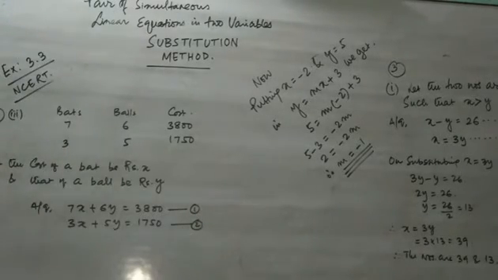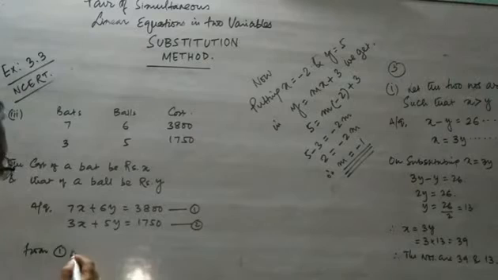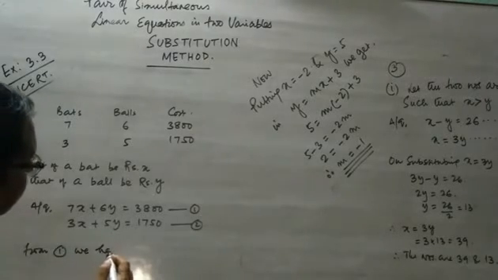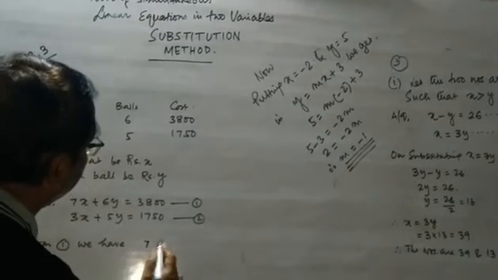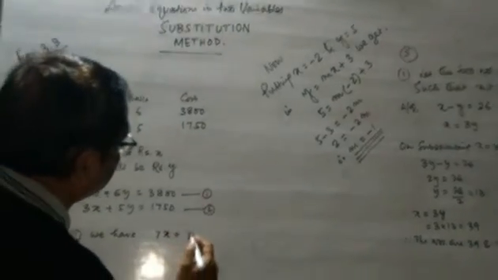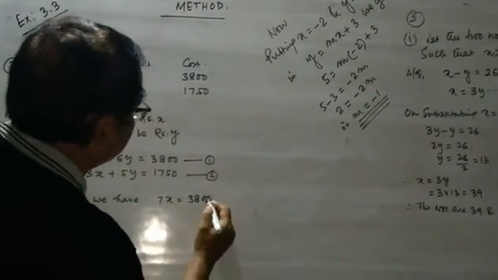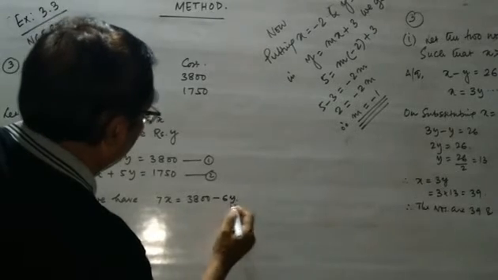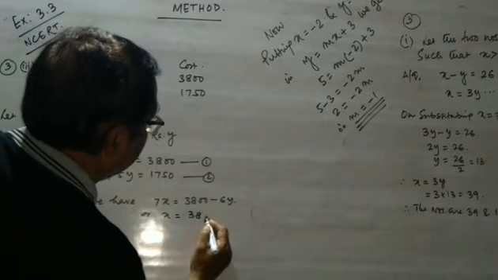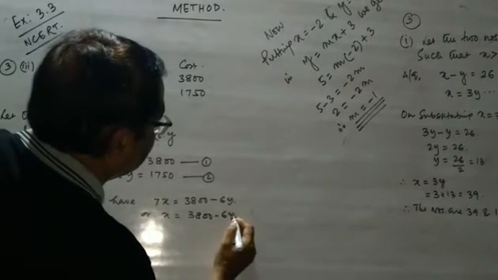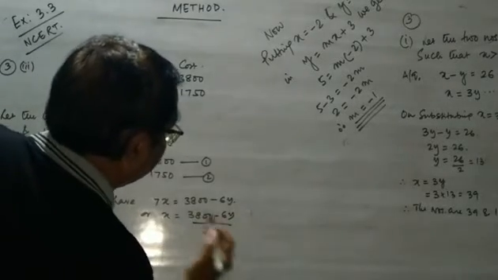Now again we will apply the substitution method. From 1 we have 7x is equal to 3,800 minus 6y, or x is equal to (3,800 minus 6y) by 7.